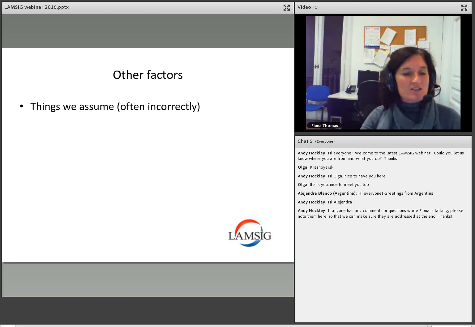And then of course there are lots of other factors. There are things which we assume, and often incorrectly, and I think everybody knows this, that when you send out an email to students, to clients, to teachers, that they have read it.